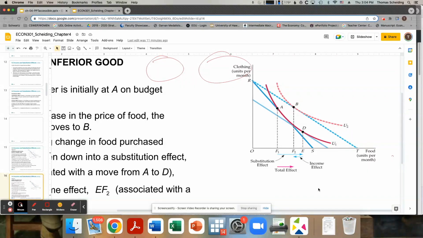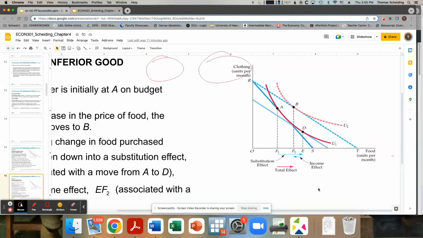So let's explain what's going on here for an inferior good. Inferior good, again, bus tickets, I don't know, cheap McDonald's hamburgers, pick your inferior good. Price of bus tickets goes down.